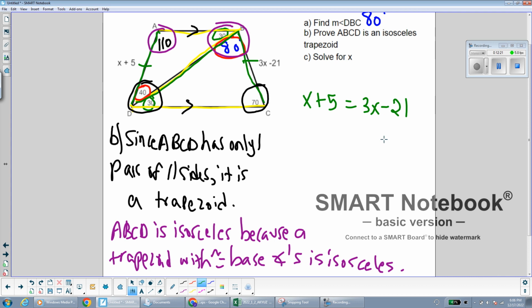Subtracting x on both sides, adding 21 to both sides, I have 2x is equal to 26. Sorry, I added that incorrectly. 26. There we go. Now, all I need to do to get x by itself is to divide 26 by 2, and I get that x is equal to 13.